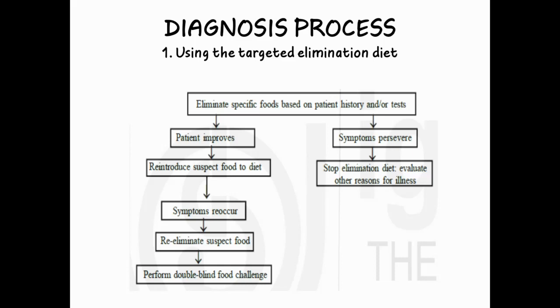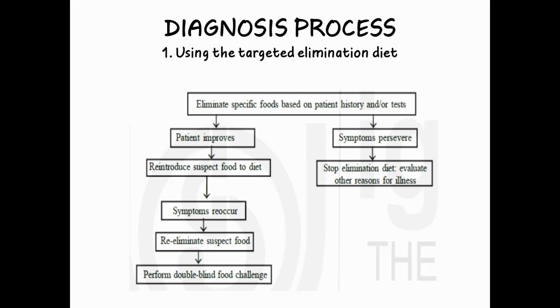Okay, after removal of the specific food, if the patient improves, we reintroduce the suspect food to the diet. If symptoms reoccur, we re-eliminate the suspect food and perform a double blind food challenge. Okay, so these are the processes. Next there is one more process.